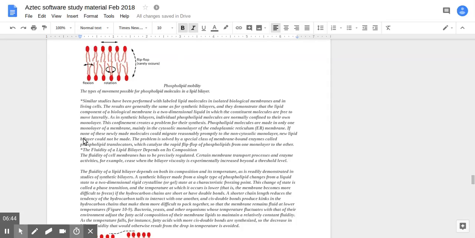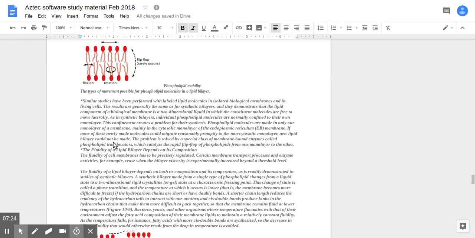Similar studies have been performed with labeled lipid molecules in isolated biological membranes and in living cells. The results are generally the same as for synthetic bilayers, and they demonstrate that the lipid components of a biological membrane are a two-dimensional liquid in which the constituent molecules are free to move laterally. In biological membranes, individual phospholipid molecules are normally confined to their own monolayer of the membrane, mainly in the cytosolic monolayer of the endoplasmic reticulum membrane.